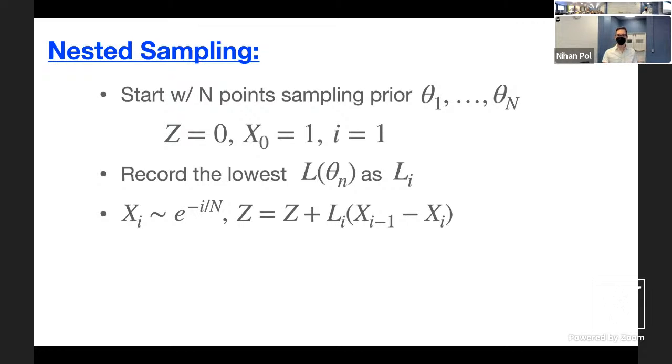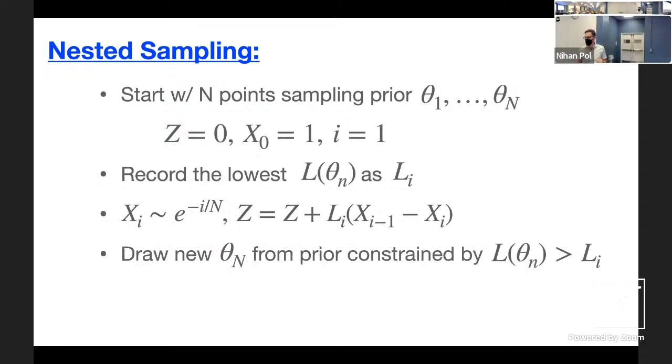So this is basically not even a trapezoid integration, right? It's just the likelihood, the height, times the width of that little step that I took in the integrand. And then I'm going to take my parameters theta n, that should be a lowercase n, excuse me, my parameters theta n that gave me my lowest value of the likelihood, and I'm going to sample until I get parameters that are higher in likelihood.